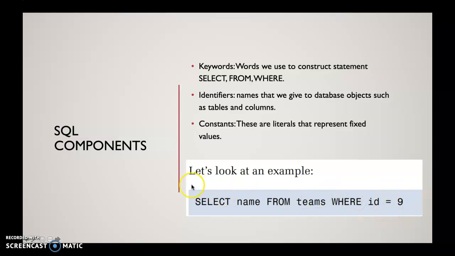This is what this selection means. This statement is just to select from that table. Let's imagine it's a table of 100. It will only select the ones with the ID equals 9.